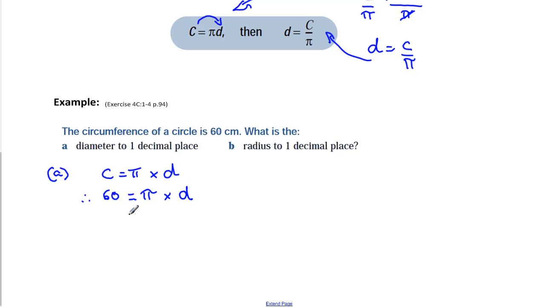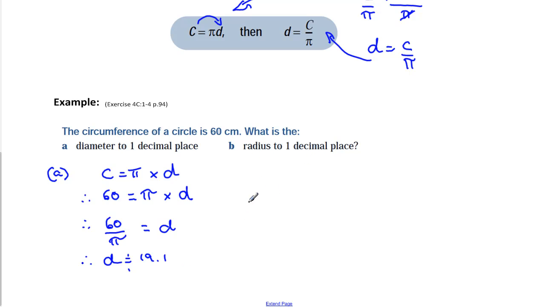And then rewriting this using our rearrangement, we can say that 60 divided by pi is equal to d. Just changing it around. And if we put that into our calculator, we get d is approximately equal to, remembering that pi is an approximate number, 19.1 to 1 decimal place.